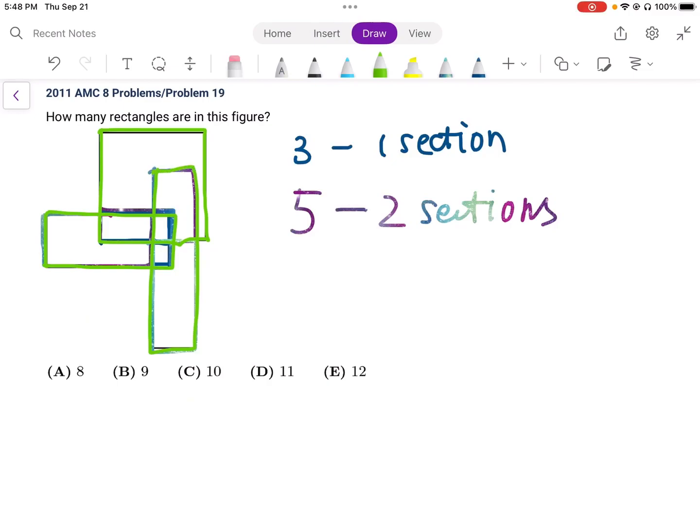And that's the maximum rectangles we can get. So 3 with 4 sections. So we sum them up, 3 plus 5 plus 3 equals 11 in total. The answer is D.